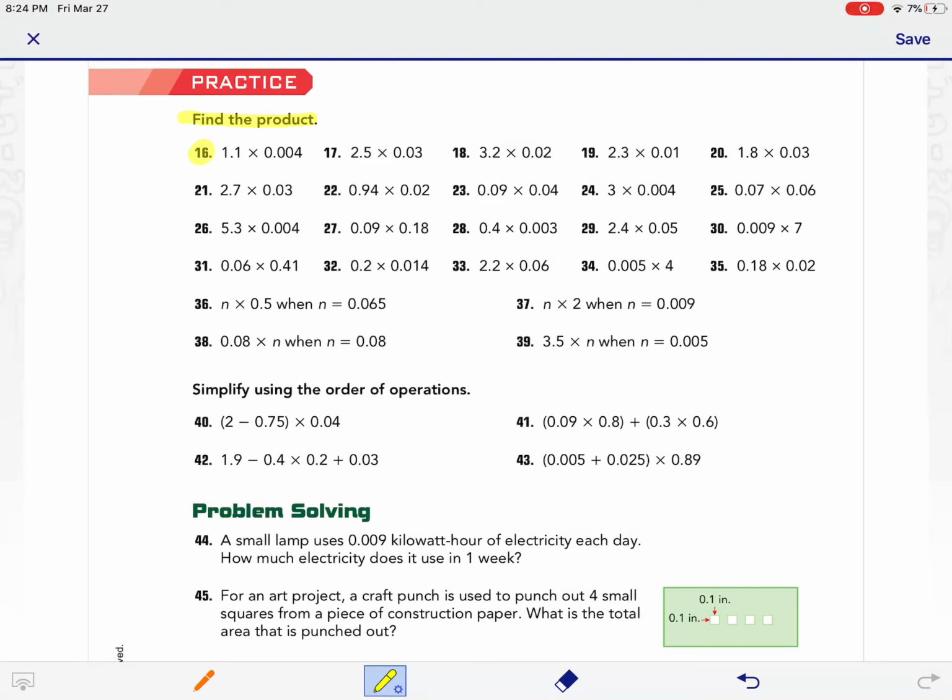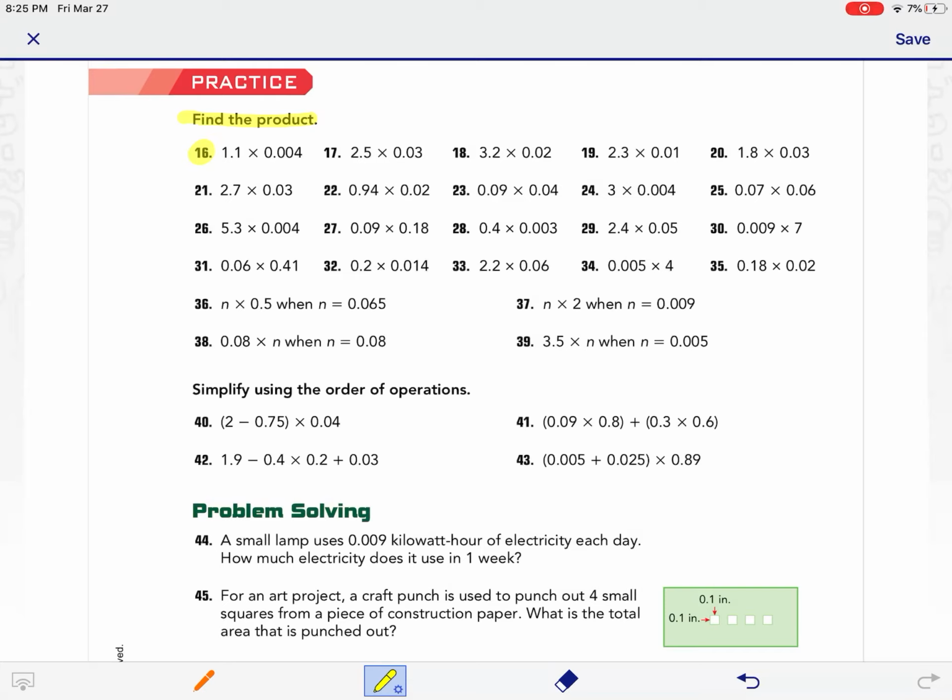So it's like saying 2 decimal point and then 0.75. So you're going to line those up. You're going to need to add in some zeros, right? So you're going to end up with 2.00 minus 0.75. Line those all up. Make sure your decimal points are right above each other.